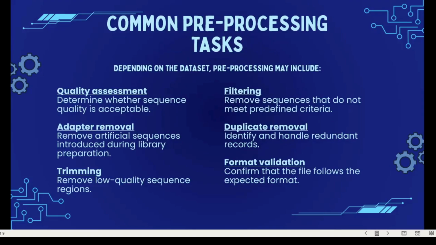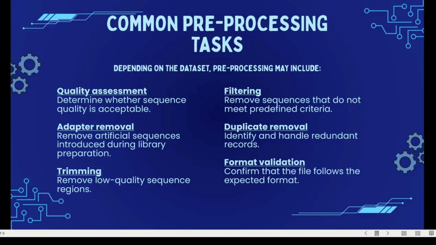So what is included in the common pre-processing tasks? Depending on the data set, pre-processing may include one, two, or all six. First is quality assessment, where we determine whether sequence quality is acceptable or not. Then adapter removal, where we remove artificial sequences introduced during library preparation by any mistake.